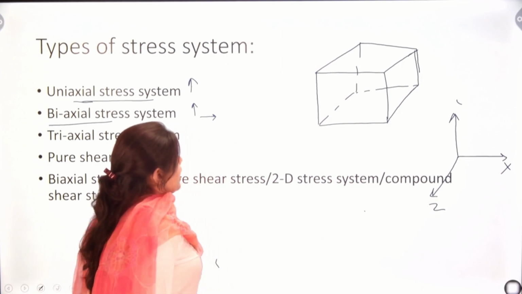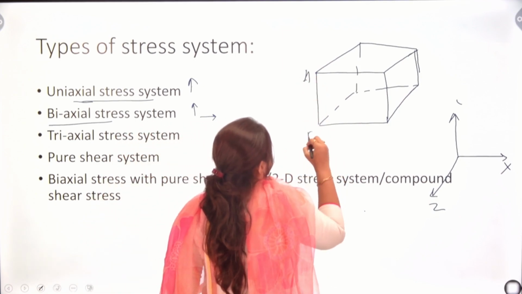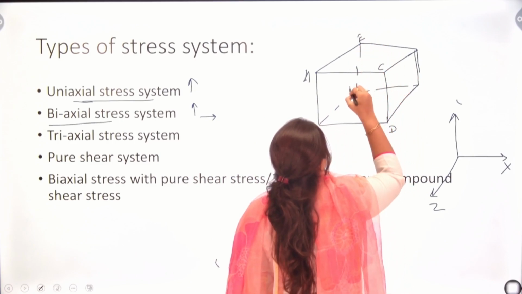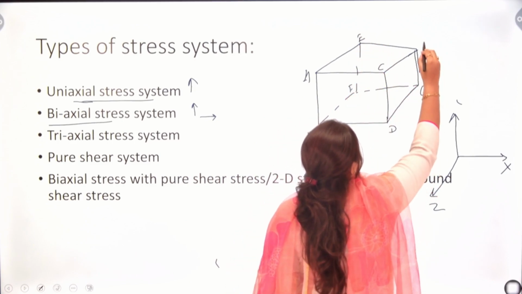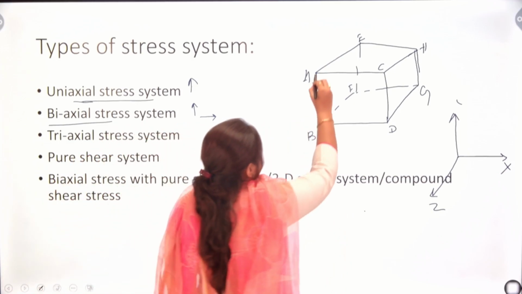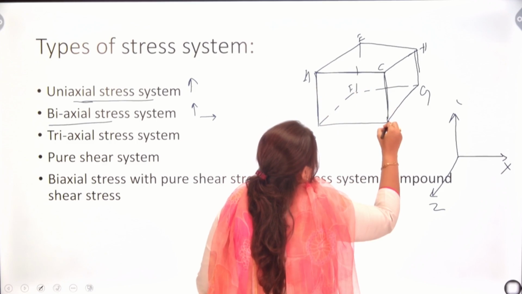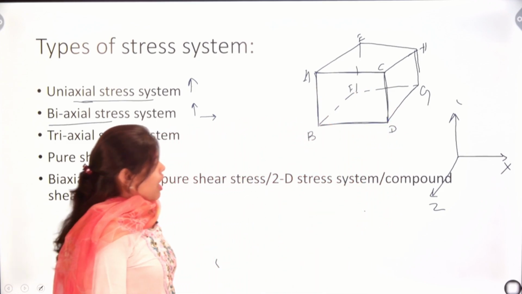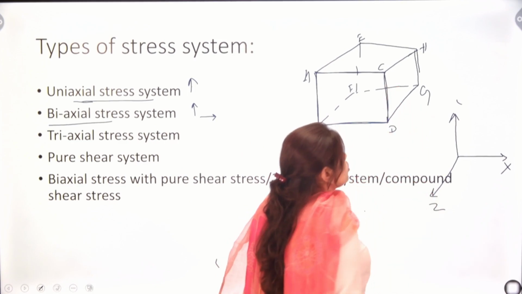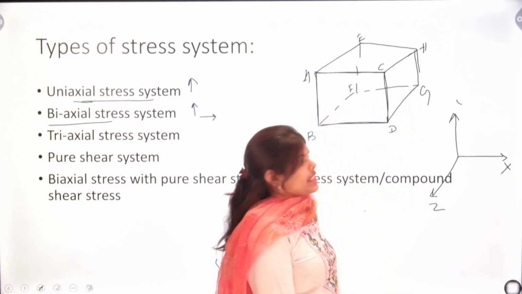Here A, B, C, D and E, F, G, H. Okay, this is the 3D object. So how will we define which is our x plane, which is our y plane and which is our z plane?